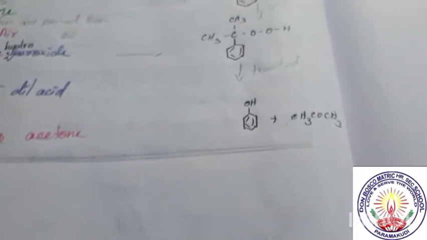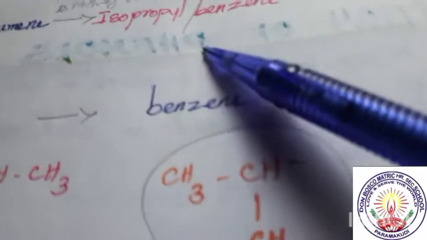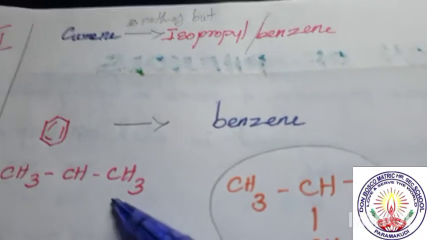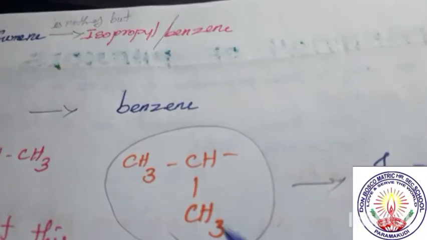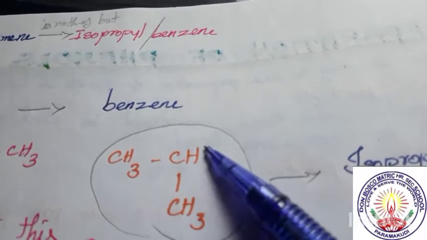The fourth one is from cumene. What is cumene? Cumene is nothing but isopropyl benzene. Benzene structure we know, and isopropyl is CH3 CH CH3. See the structure of isopropyl, that is CH3 CH CH3.